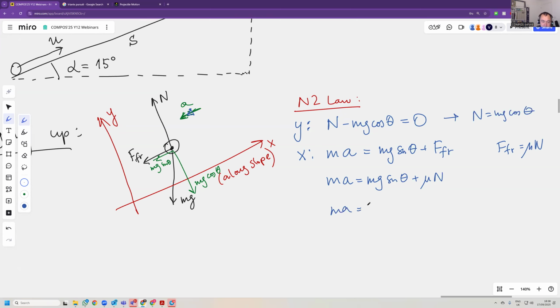So ma equals mg sine theta plus mu mg cos theta. And mass cancels. Acceleration is g open bracket sine theta plus mu cos theta. Well, it's obviously negative. Acceleration is negative, so it's decelerating. That's a deceleration.